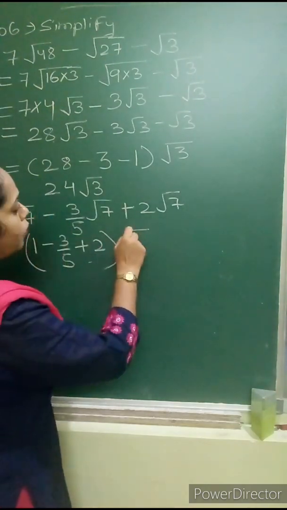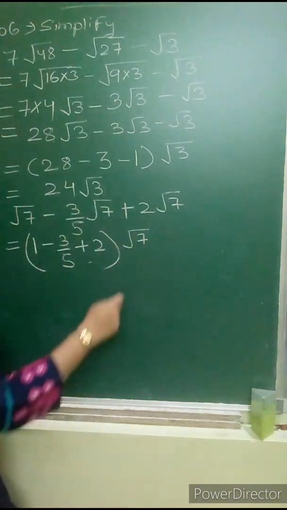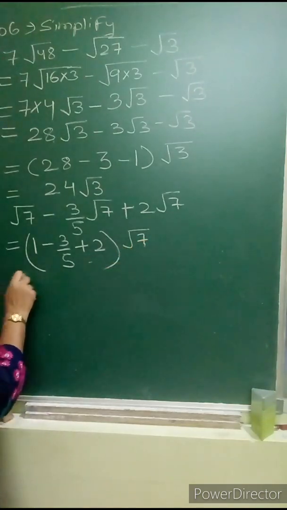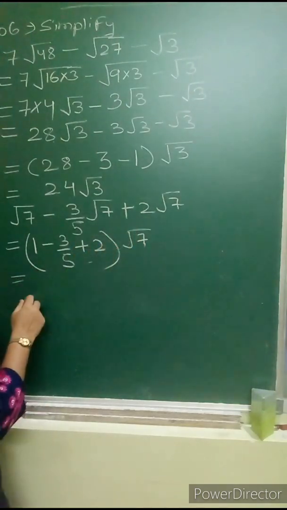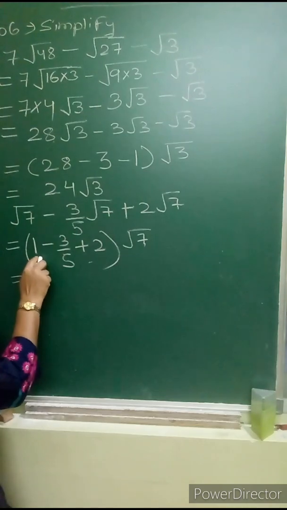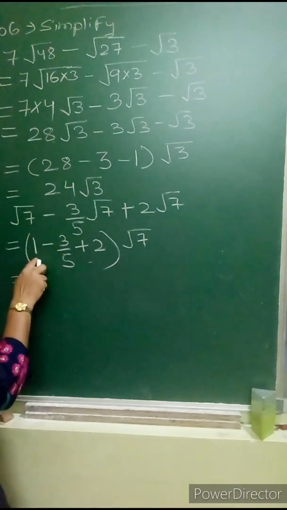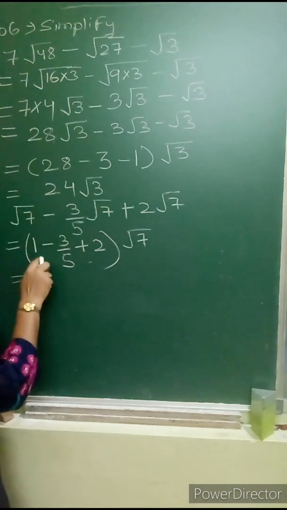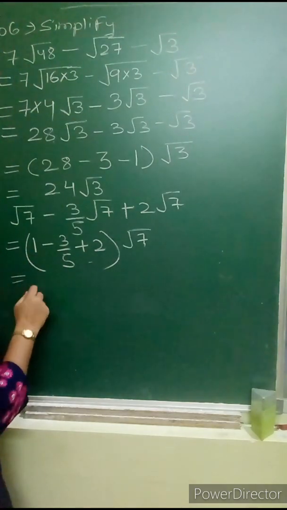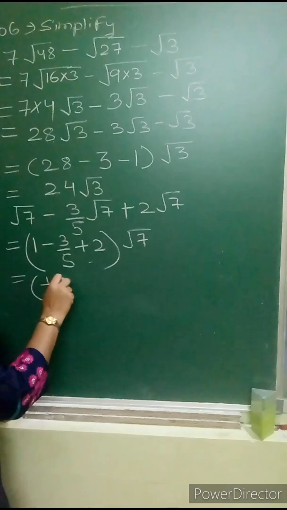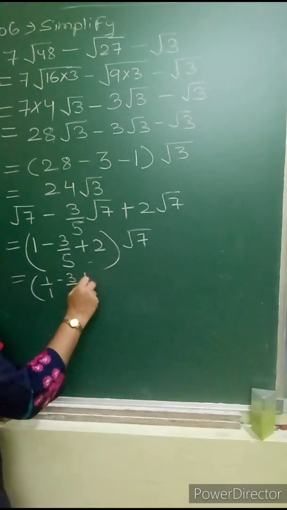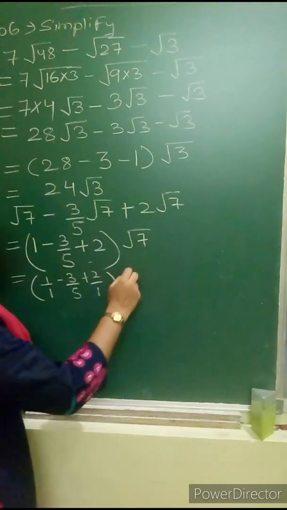And then you write square root of 7 as the same radicand. Then here there is an invisible 1 below. Now this is a complete fraction, 3 upon 5. Now here actually this is a whole number, but this can be written in the form of a rational number as 1 upon 1, to make it simpler for the students who do not understand this.